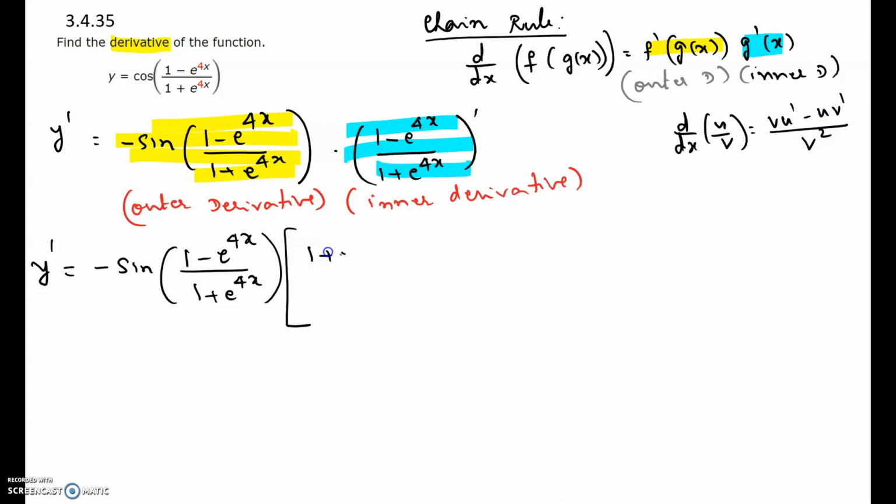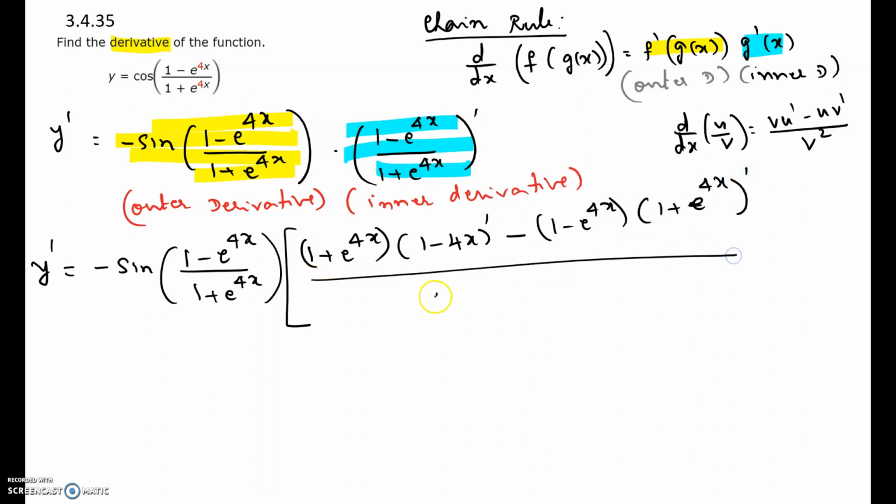So it is the denominator, which is v, times the derivative of the numerator, minus the numerator times the derivative of the denominator, divided by the denominator squared.